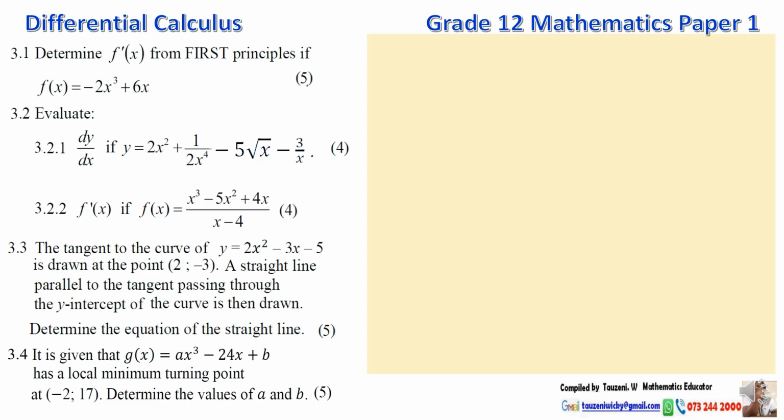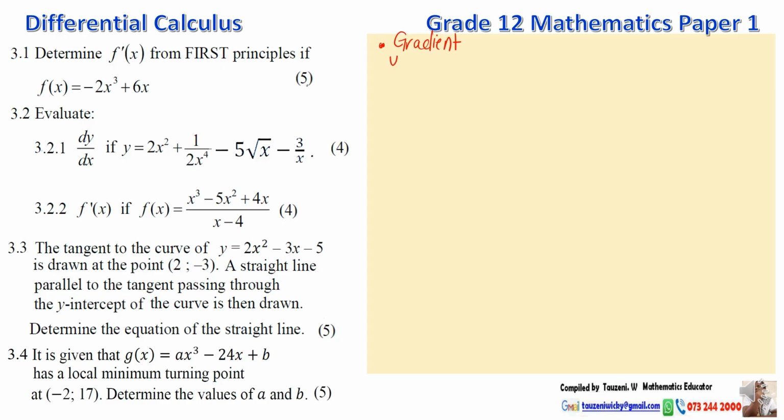Important for us to know before we go on is that when determining the equation of a tangent to a graph, you need 2 items. The first one, you definitely need the gradient of that tangent. Now, how do you find this gradient? The gradient is the rate of change. The rate of change is the derivative.